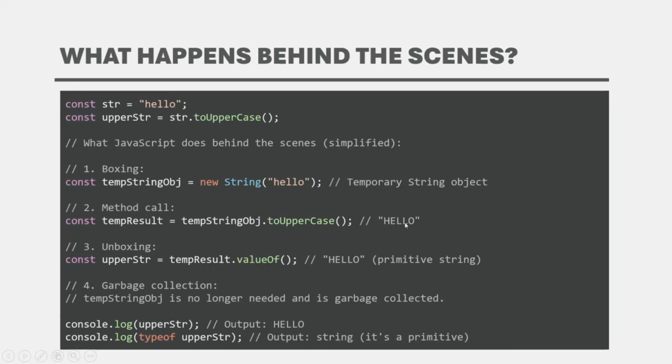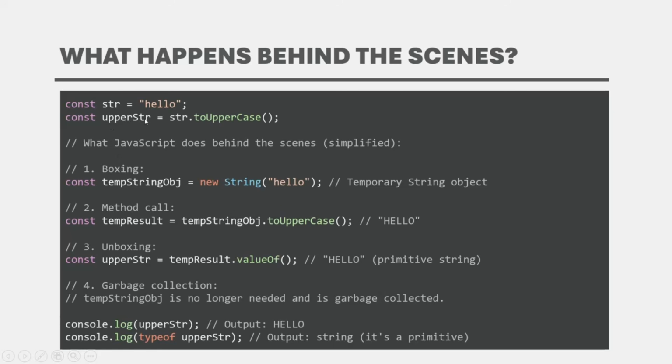In this case, we are going to read this hello. So this temp result is going to have some other properties and methods because it is a string object, but we are only interested in the converted value, which is this uppercase hello, and that we are reading using this valueOf method. And this valueOf method is going to return this uppercase hello, and that will be assigned back to this upperStr.